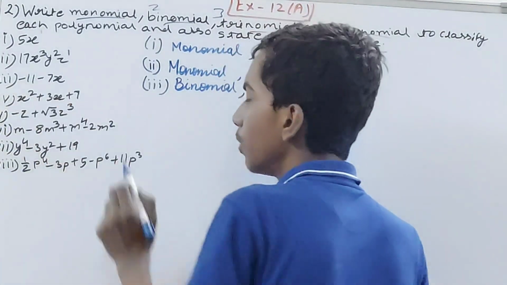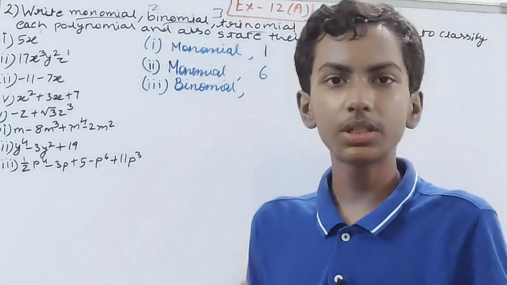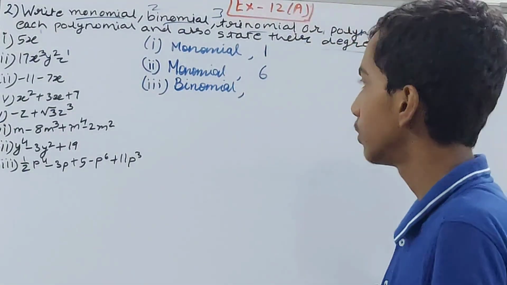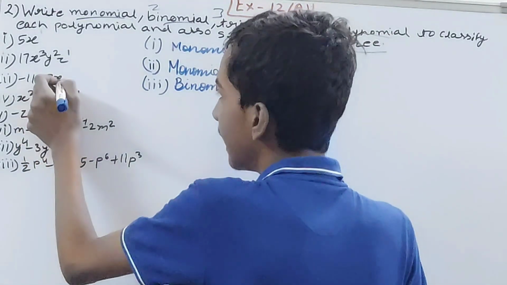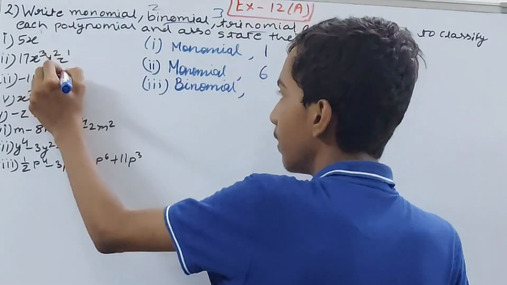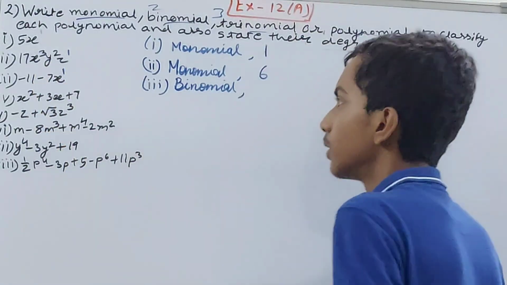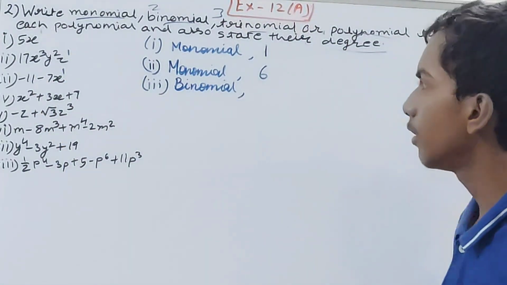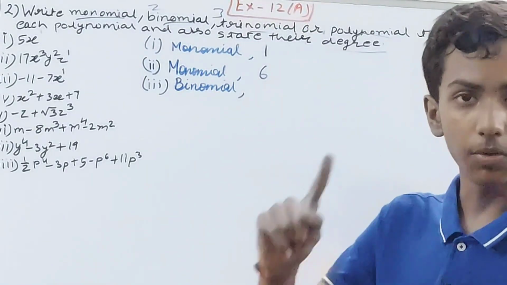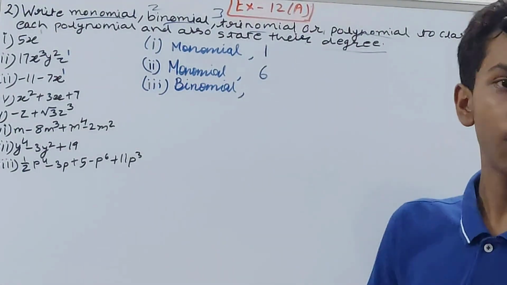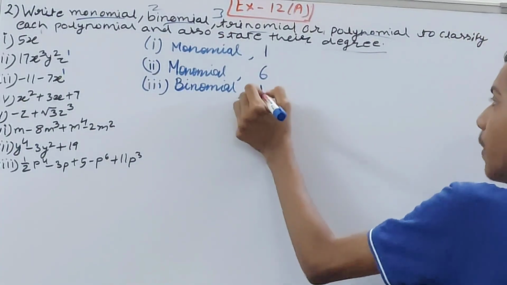You don't look at the constants. Constants always have the power of 0. And 7x, when no power is written on x, has 1. So pretty simple. The degree of this expression becomes 1, as the only variable x has the power of 1.